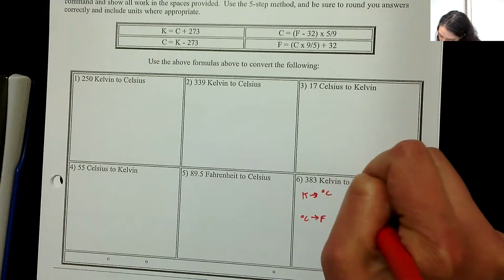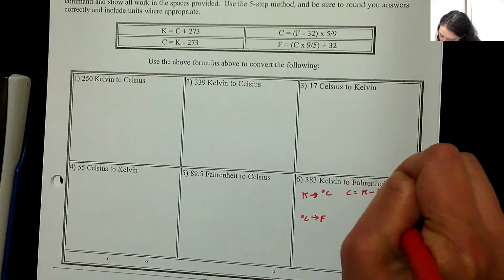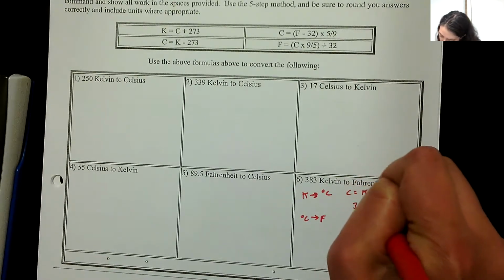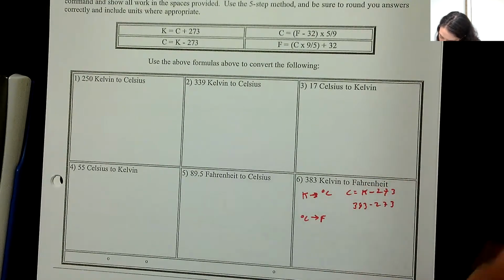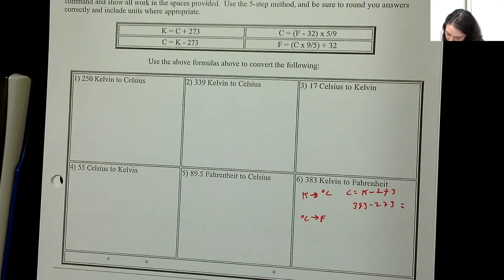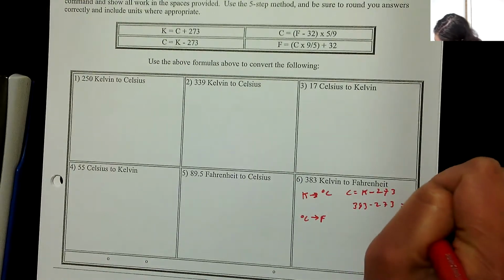Celsius is equal to Kelvin minus 273. So we have 383 minus 273. I'm just going to put it in my calculator, even though I should be able to do this one in my head, because, yeah, 110. Okay, so that's 110 degrees Celsius.